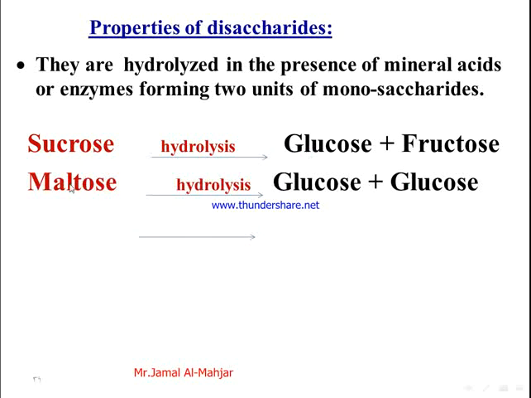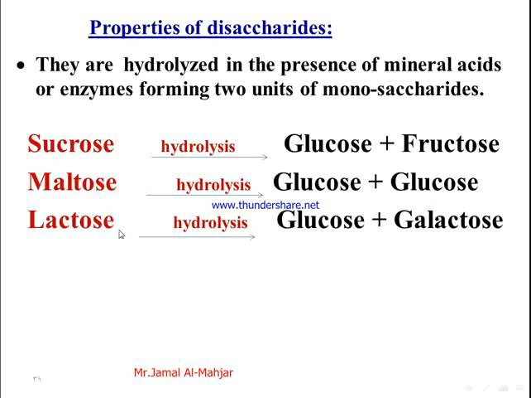The maltose is hydrolyzed to glucose and glucose. Hydrolysis of the lactose gives glucose and galactose. Hydrolysis is the opposite of the formation.